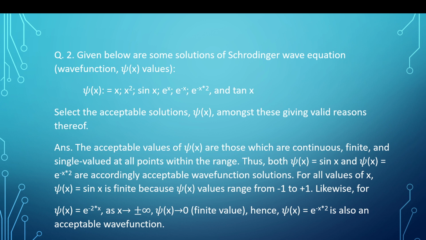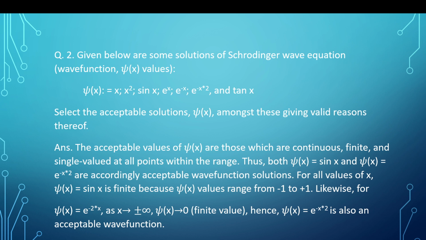We know the acceptable values of wave function are those values which are continuous, finite, and single valued at all points within the range. Thus, both psi x equal to sin x and psi x equal to e raised power minus x square are accordingly acceptable wave function solutions. Why?